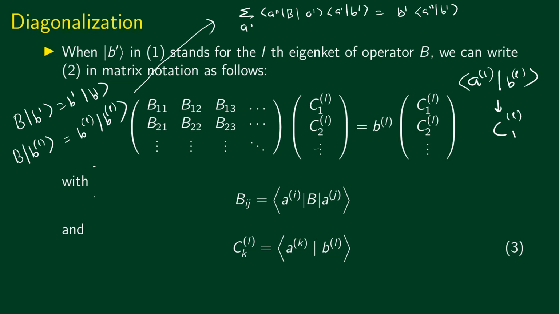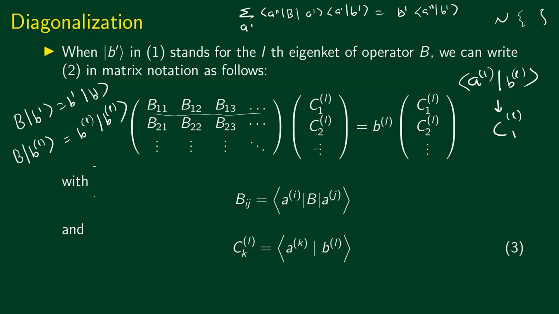If there are n eigenkets of the observable A, or if you are talking about an n-dimensional basis, then you will have n equations of this form, one for each eigenket of observable A. Now all these n equations can be combined into this matrix equation. This corresponds to the first of the n equations.